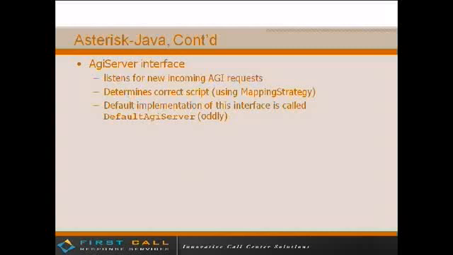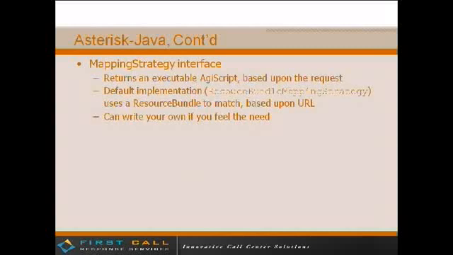The mapping strategy is the logic that determines, when this AGI script is called, what's the actual Java class that needs to be instantiated in order to run. So the default one goes out, looks at a file on disk for that mapping, and for us that works fine.